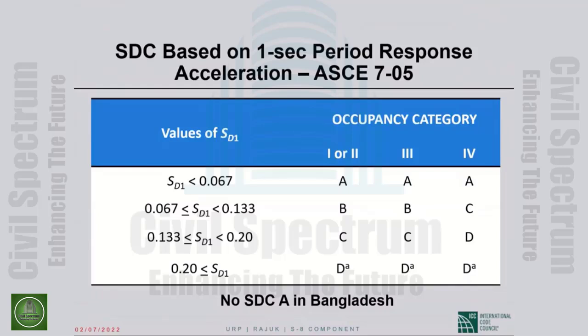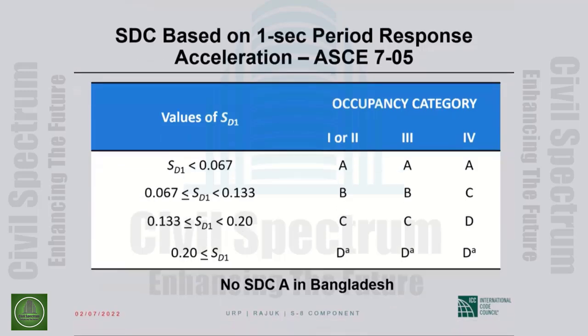Based on short period ground motion, your design category turns out to be C, but based on long period ground motion, it turns out to be D. Your design category is D, not C. Under certain circumstances that are listed in ASCE 7, you are allowed to determine seismic design category based on short period ground motion alone. You don't have to look at long period ground motion, but that is only under certain conditions. Okay.